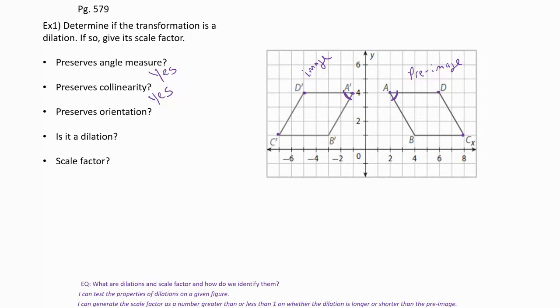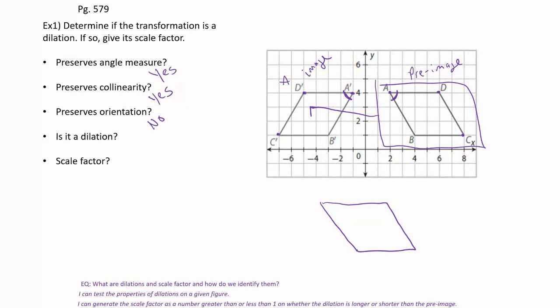So if you notice, from here to here, it does not preserve orientation. And the reason for that is you would have to have this shape, and if you just moved it over here, then A would have to be here. So it would have to have that same shape over here.